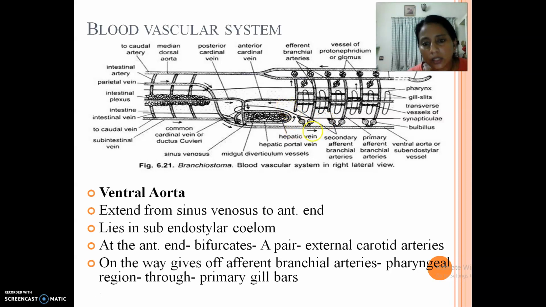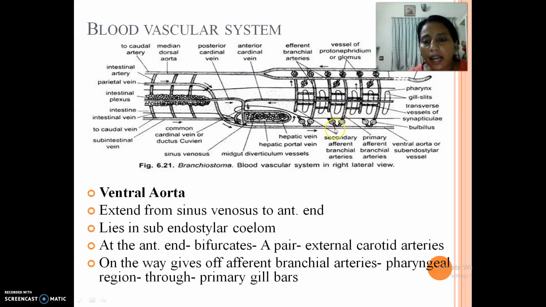And you can see in this diagram, just after the emergence, there are swollen regions. These swollen regions are called the bulbilli. Their role is like how we pump water using a motor pump to our tanks.